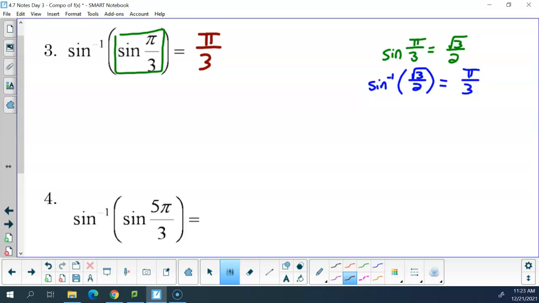So what should this next one be then? Negative pi over 3. Not according to your logic. According to your logic, it should be 5 pi over 3. But I was just presuming that it would stay in the range. So it doesn't always necessarily work.